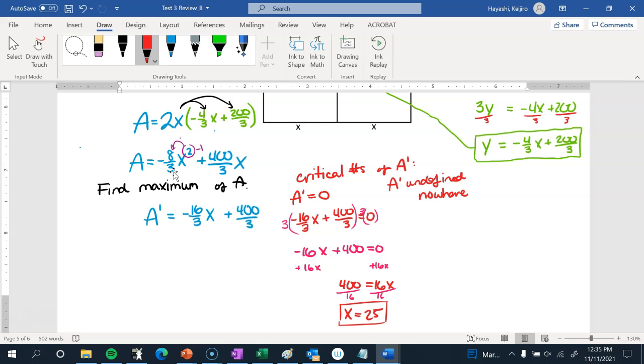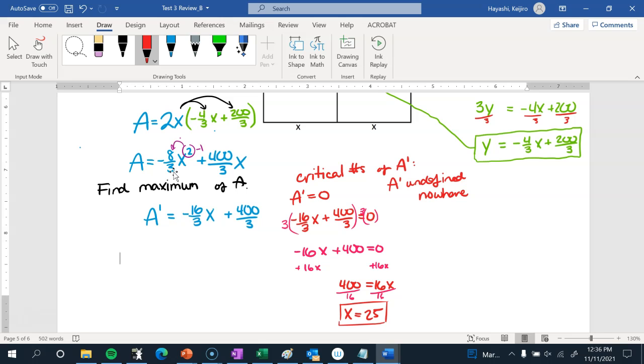Now, we have the one critical number, and the implication in the problem is that there is just the one maximum, and probably no minimums. You can probably surmise that the maximum is going to occur at x equals 25, and it will.